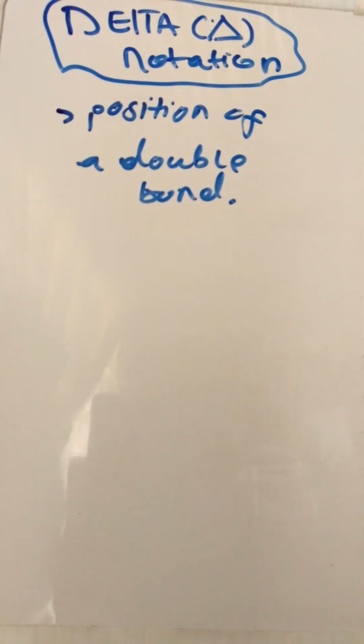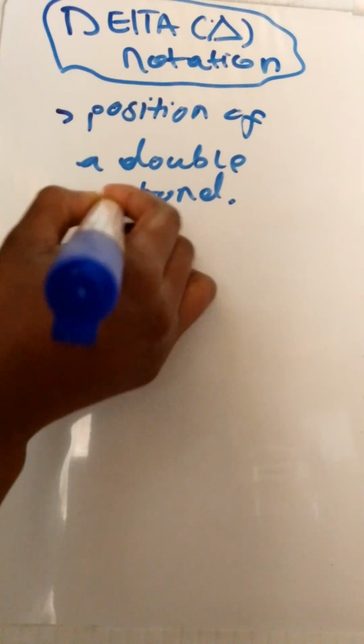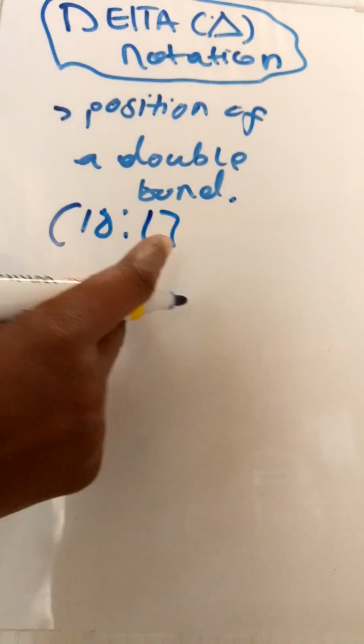For example, you can be given oleic acid or linoleic acid. Linoleic acid is known as an omega-6 fatty acid, right? Oleic acid has 18 carbons and one double bond, right?